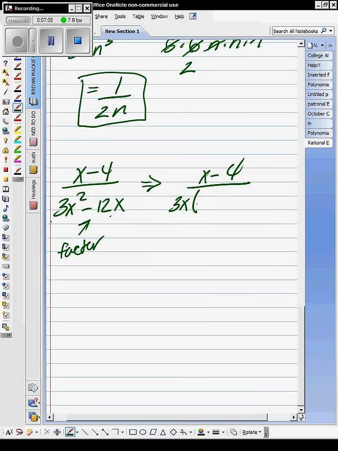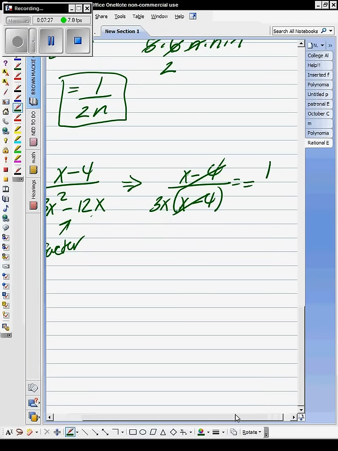So this gives me 3x on the outside, and then I'm left with x minus 4. Again, anytime that you have the top and the bottom the same, we can cancel out, but that does not mean I totally get rid of it. So I cancel this out. That technically means I have a 1 at the top, and then I have 3x in the denominator, excuse me.